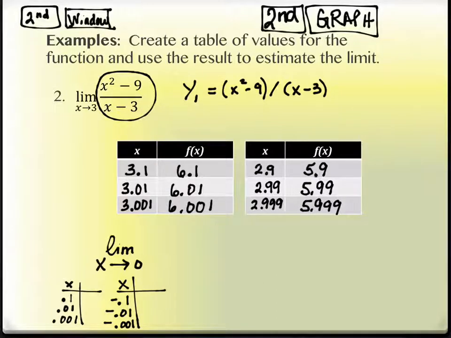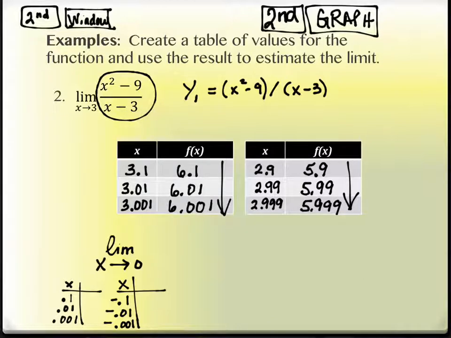And the reason that this problem is easier than that other problem is because we're done. When we did the slopes, we had to then calculate the slopes using those values. You guys remember that? We're not calculating slopes here. We're just finding the actual function values. So once we get those two columns of the table, we're looking down the f of x values, and we're asking ourselves, what value does it approach in both lists?